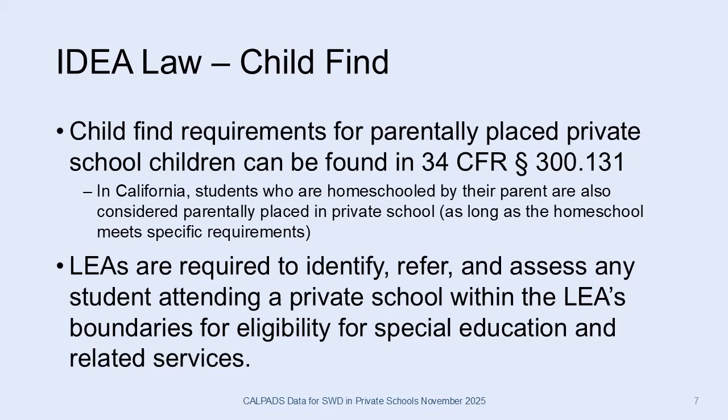Additionally, in California, students who are homeschooled by their parents are also considered parentally placed, provided that the homeschool setting meets specific criteria. LEAs are required to identify, refer, and assess any student attending a private school within that LEA's boundaries, and what they're assessing for is eligibility for special education and related services.